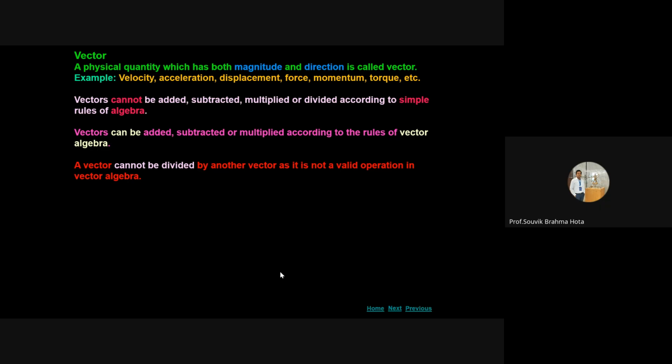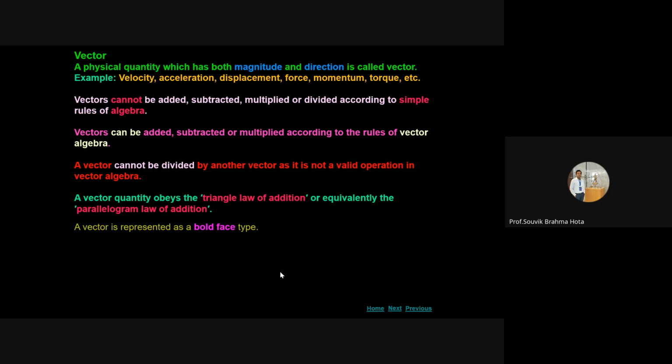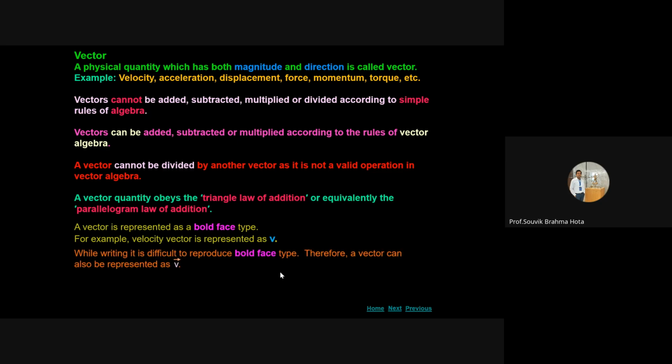But it can be subtracted, multiplied, or added by the rules of vector algebra. Vector quantities obey the triangle law of addition and the parallelogram law of addition. A vector is represented in bold face, or we can put an arrow over it. That also can be done, because it is very difficult to write in bold face every time.